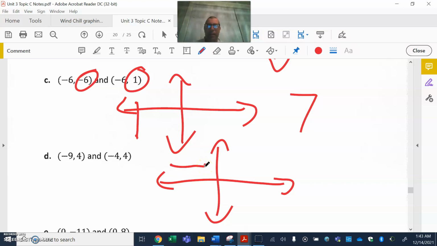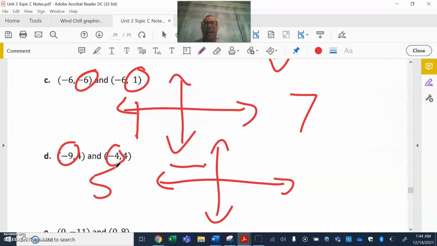Here I can see I've made a horizontal line, which is just like my x-axis, so we're going to use our x coordinates. Again, you've got your number line on your desk. Put your finger on -9. You're trying to get to -4. Go ahead and hop like a frog, or a bunny rabbit, of course. And you should find that you've traveled a total of 5 units. So that's what we're after.